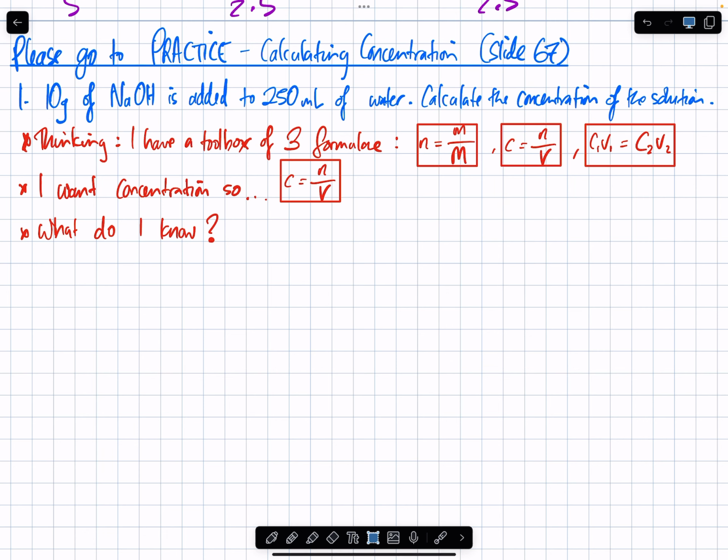I'm using that. Now, once you've decided the formula, what do I know? Well, you need to find how many moles are in 10 grams. Yeah, you skipped over the story that I wanted, but he's right. What's the first thing I know directly from the question? The volume.